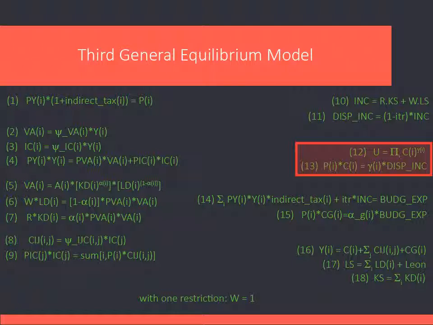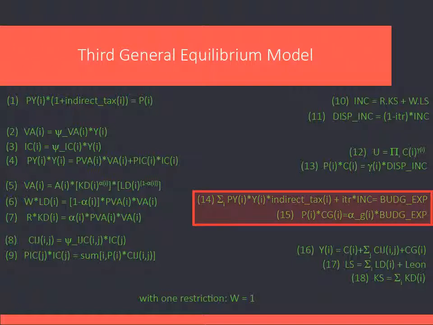So it is U, the utility, and then we have equation 13, which is the definitions of final consumption of this representative household in each sector, agriculture, industry, services. So you take notice that this equation doesn't include INC, but disposable INC, because there is income taxation.